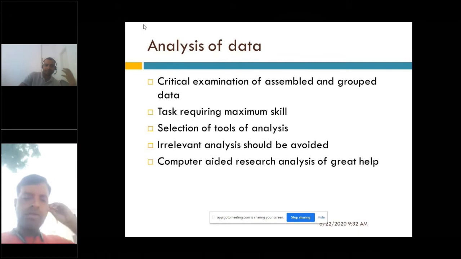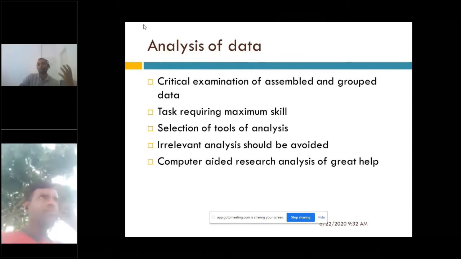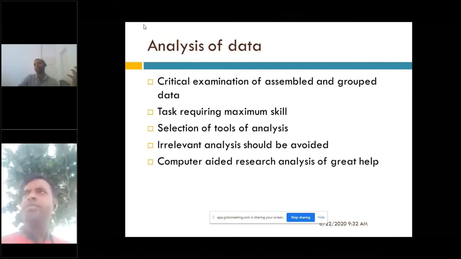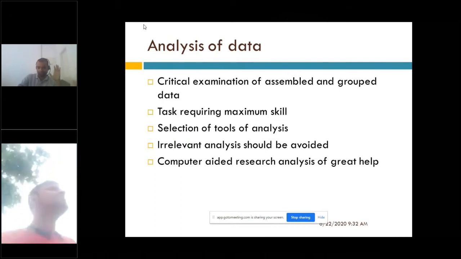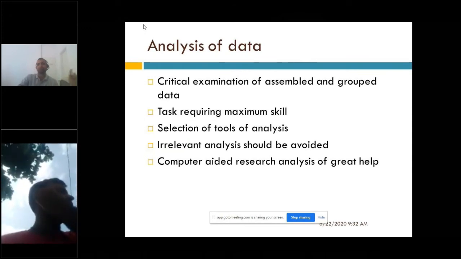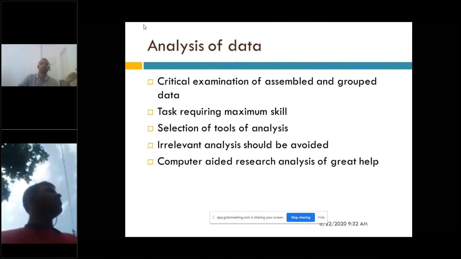See, these packages can give output, but whether this output is meaningful or not, that we have to understand. So SPSS can give you output for statistics, but whether that statistics is meaningful, we have to understand.